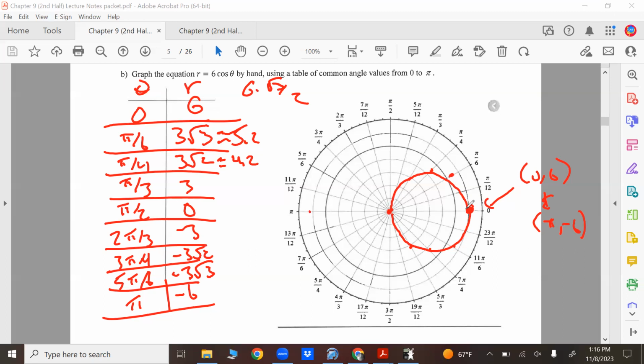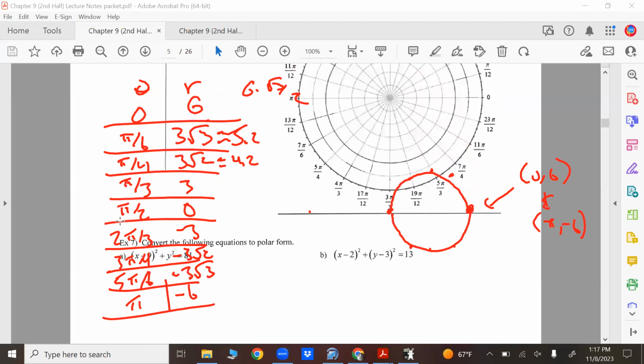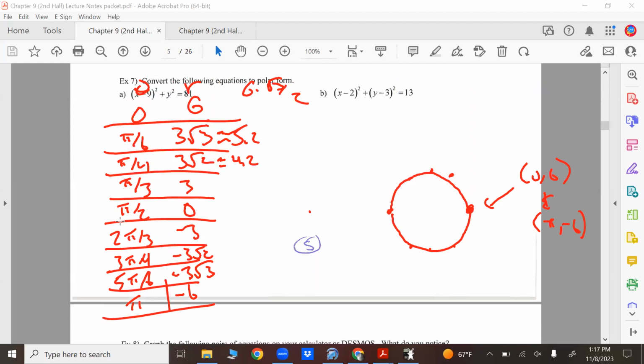And a number in front of cosine theta is a vertical stretch, an amplitude, if you want to think in terms of rectangular coordinates. Sure, but you don't have to think too hard about that. If you want to make that conjecture, go ahead.